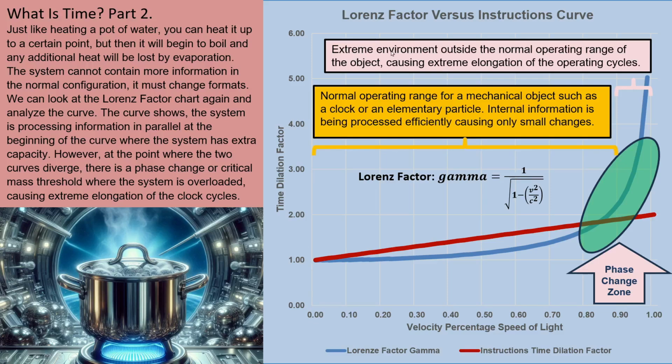But there's an extreme environment outside of the normal operating range of the object, which causes extreme elongation of the operating cycles, right? The clock cycles of any object become extremely elongated as you approach the speed of light.